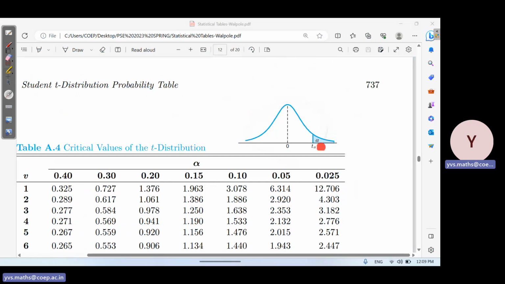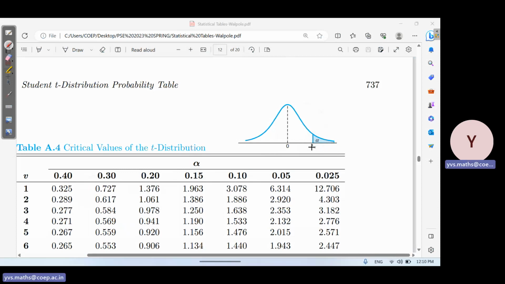In this table, the area to the right side of the t value is shaded. The tabular convention is that the table gives you the t values for the alpha values, where alpha is the area under the curve after that t value. So I have to find that t value.